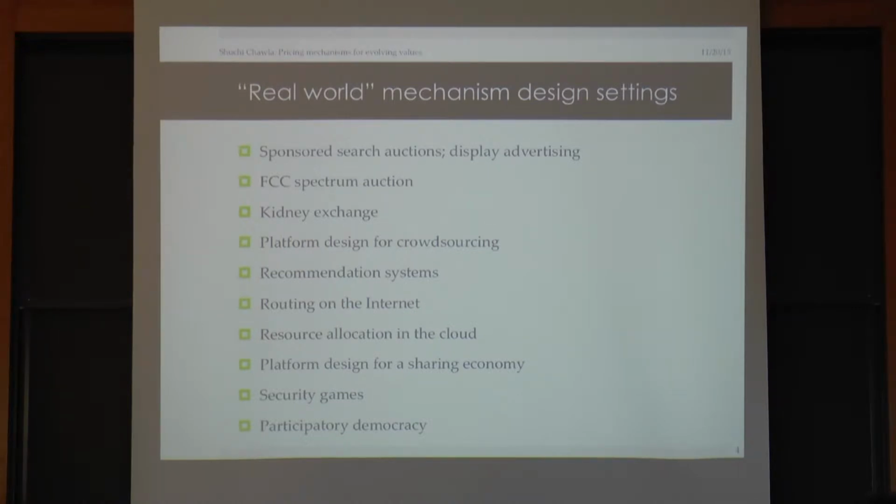So there are lots and lots of potential applications where incentives become important and computation becomes important, and so the connection of these two areas, economics on the one hand and theoretical computer science, is really pertinent and interesting.